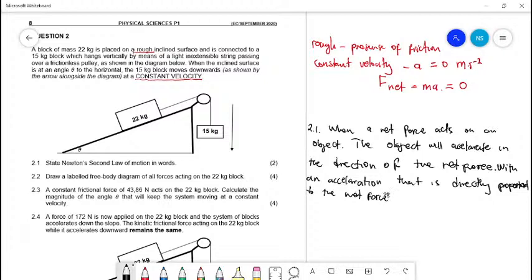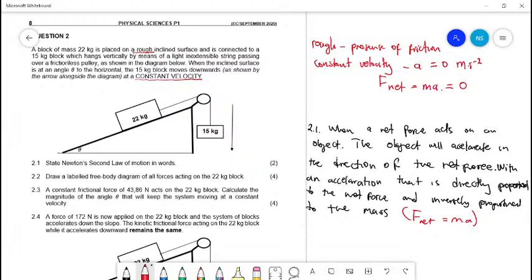So the acceleration is directly proportional to the net force and inversely proportional to the mass. So that is our Newton's second law of motion. So that's given by F net equals ma.